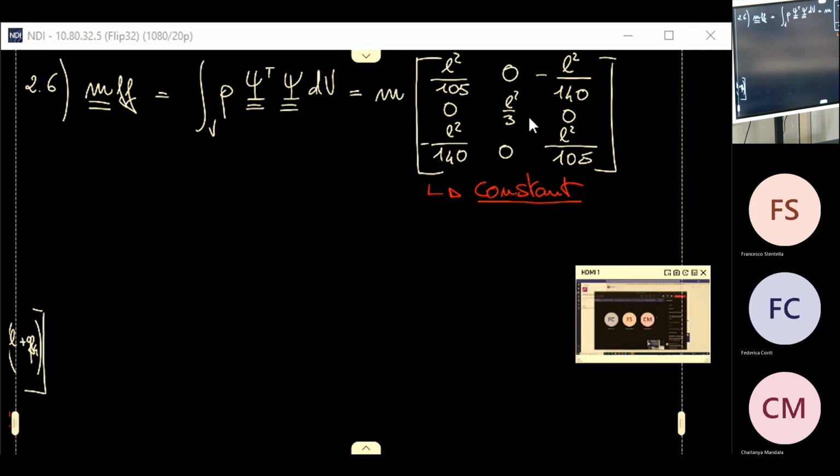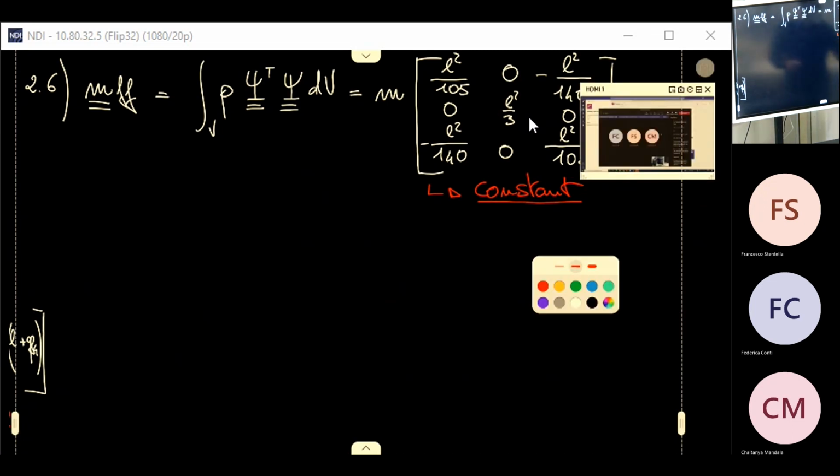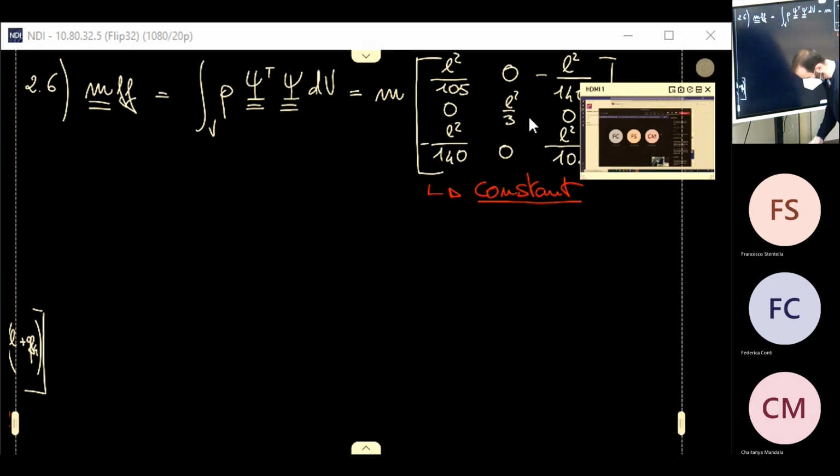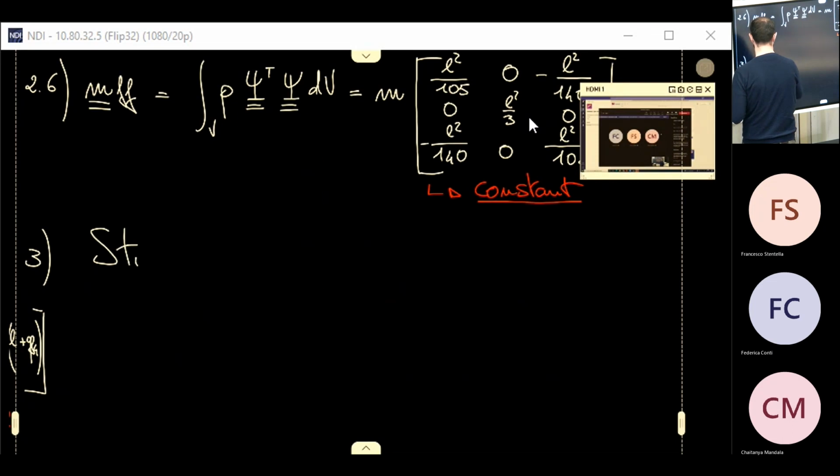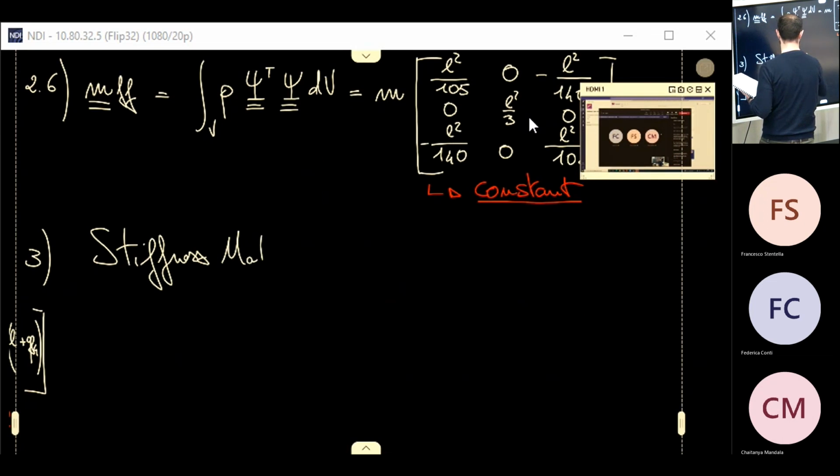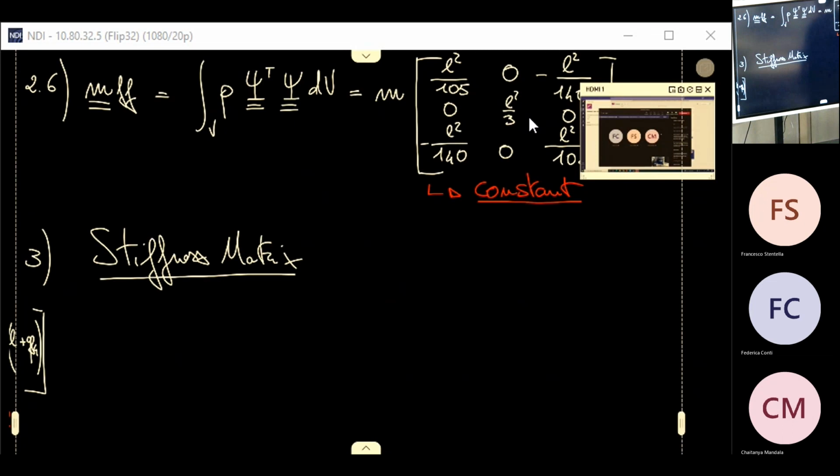And this is only one part of the game, because there are other quantities that you have to estimate, and we will see right now. I'm talking about the stiffness matrix. Unless there are questions so far.